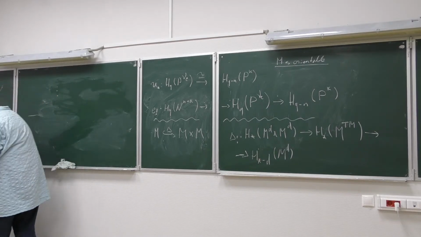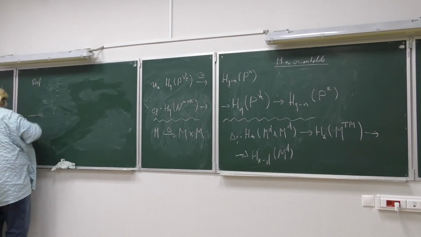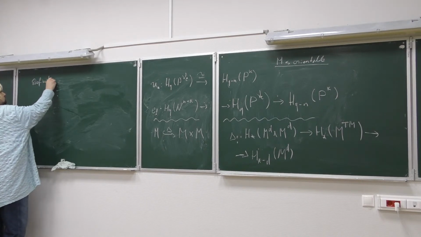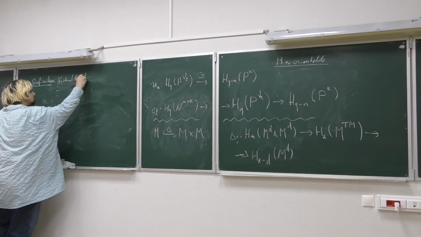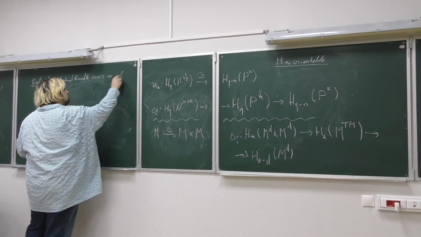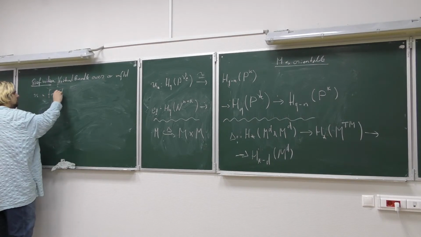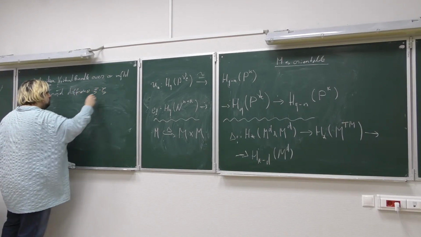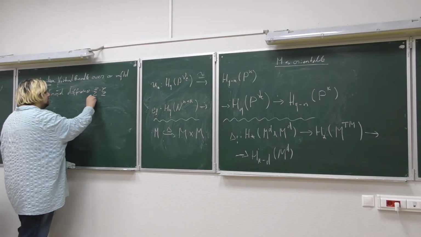Okay, so basically, a virtual bundle over a manifold is just, by definition, a formal difference psi minus zeta. So those are two vector bundles.